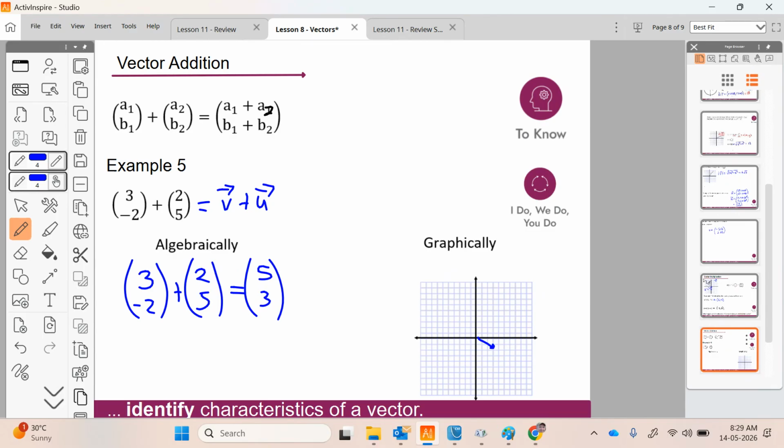V plus u. So here is the vector v, and then we need to add the vector u. Vector u is 2, and then 1, 2, 3. So it's going to be like this. This is the vector u, this is the vector v.